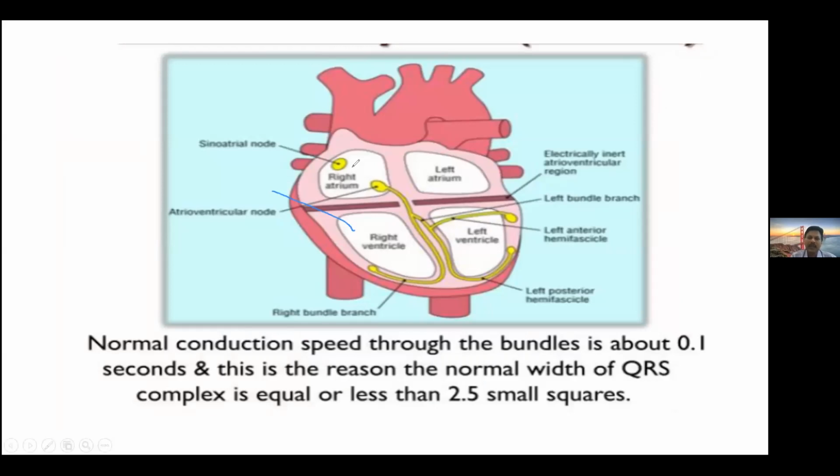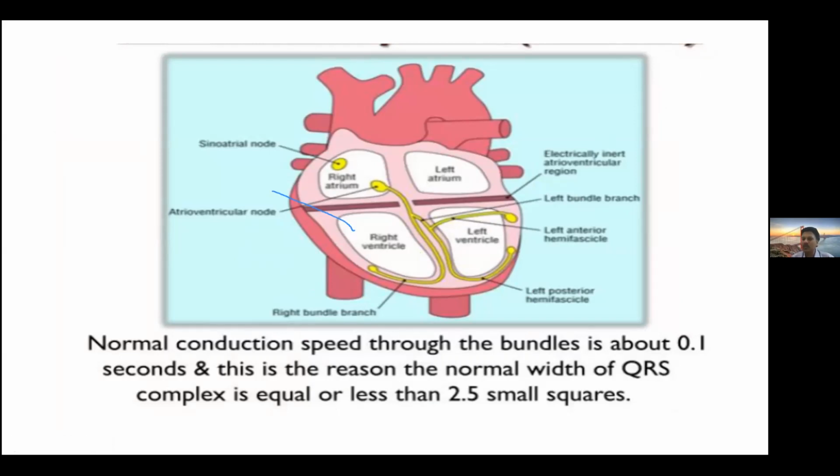The normal conduction time in the ventricular conduction system is about 0.1 seconds. See here, it is about 0.1 seconds. And this is the reason for the normal narrow QRS in the ECG.